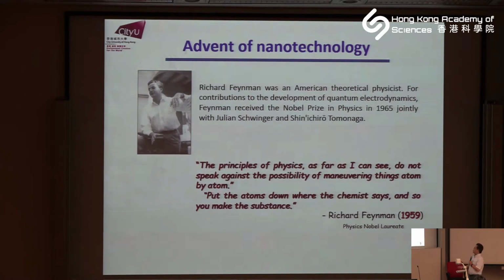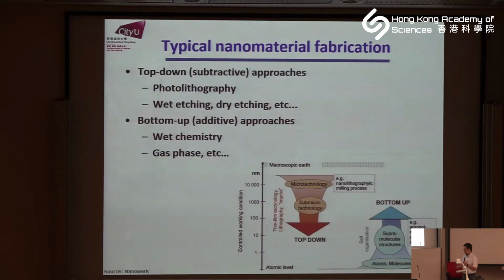If we can manipulate things atom by atom, like chemists do, putting molecules together to make useful larger molecules for applications, this would versatilize the world if we can manipulate the length scale atom by atom in the nano dimensions. So how can we fabricate those nanomaterials?